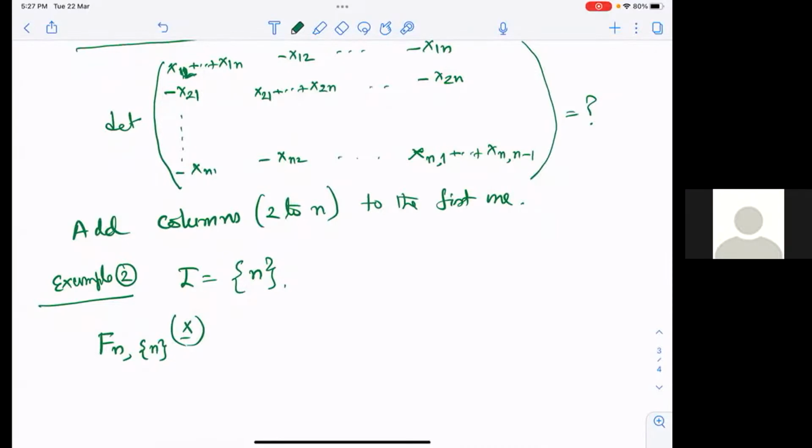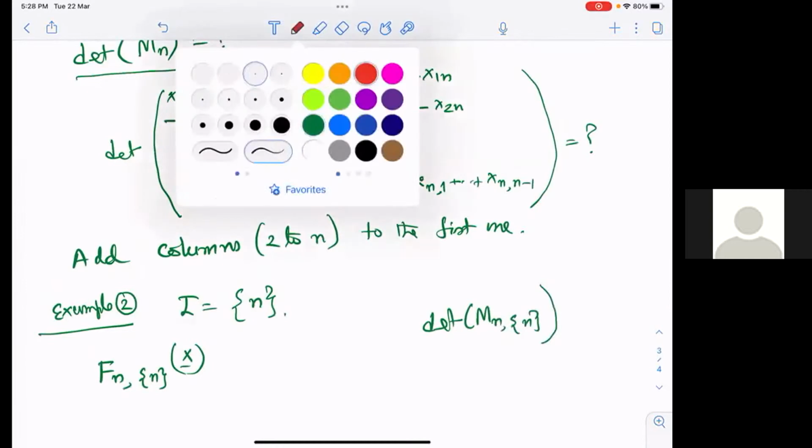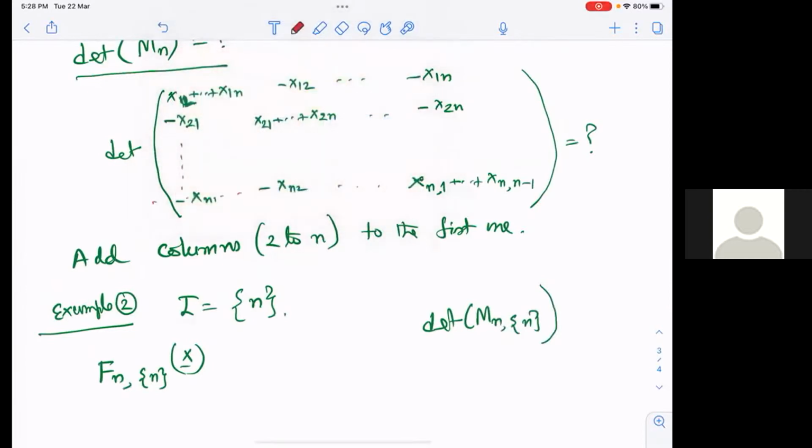We remove the nth row and column, so it's the top left submatrix. Right. And so that means the determinant of M in n, you will remove this row and this column, right?